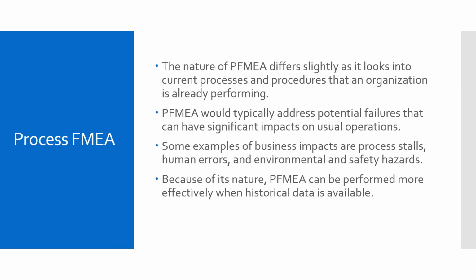The nature of PFMEA differs slightly as it looks into current processes and procedures that an organization is already performing. PFMEA would typically address potential failures that can have significant impacts on usual operations. Some examples of business impacts are process stalls, human errors, and environmental and safety hazards. Because of its nature, PFMEA can be performed more effectively when historical data is available.